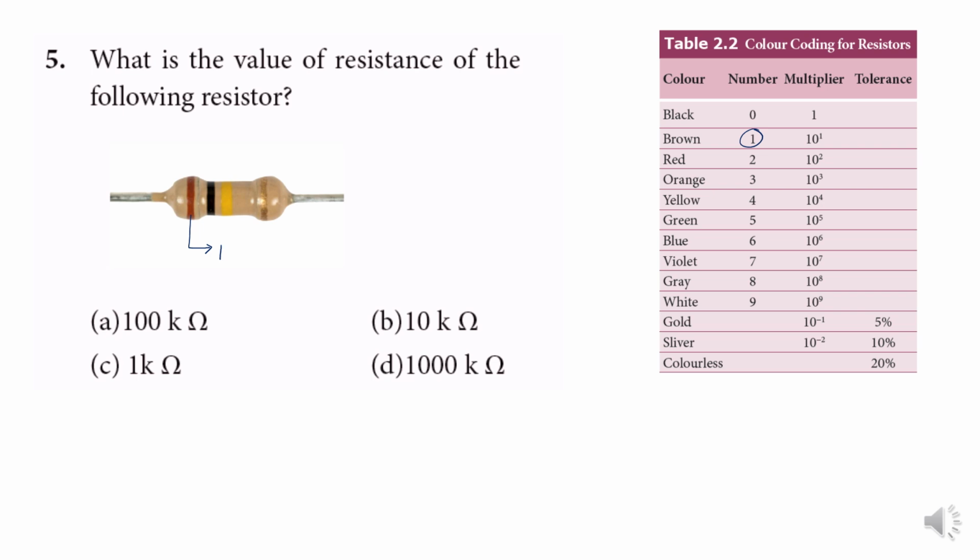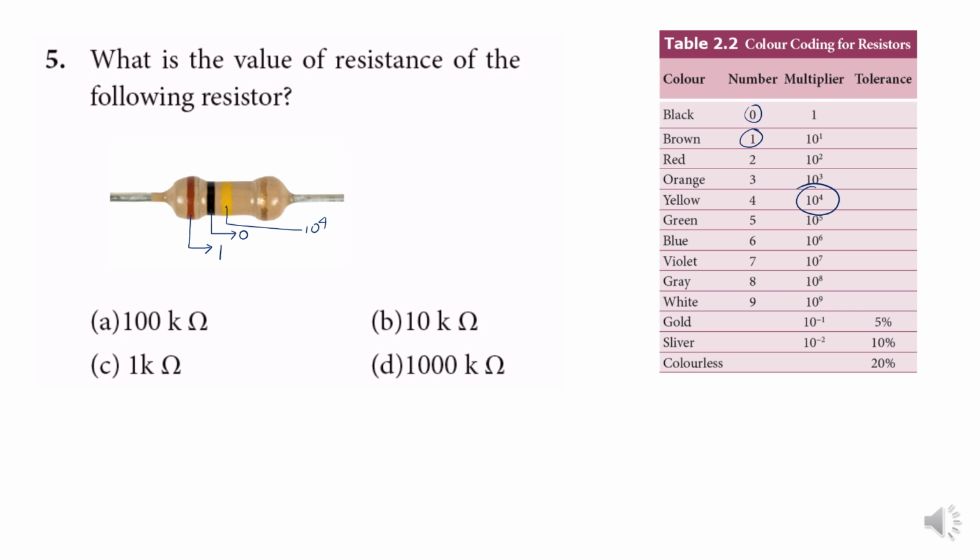Second band color ring is black. Black corresponds to 0. So second digit is 0 for us. Third ring corresponds to the multiplier, which is given as yellow. For yellow, the multiplier is 10 power 4. So this corresponds to 10 power 4.